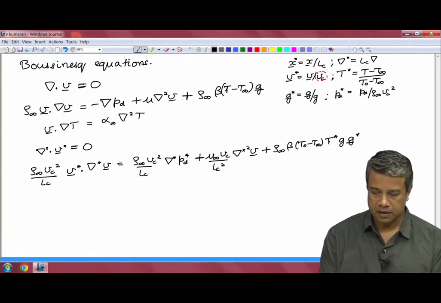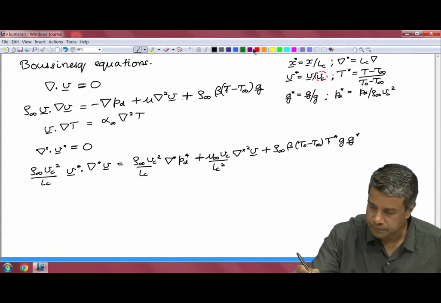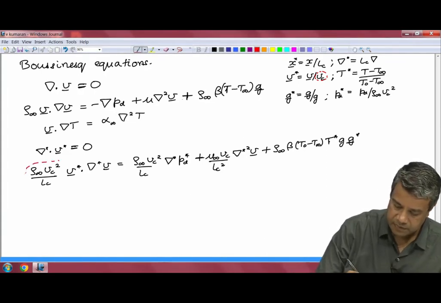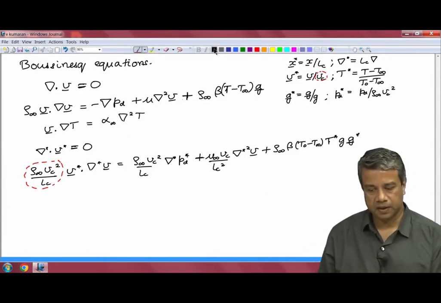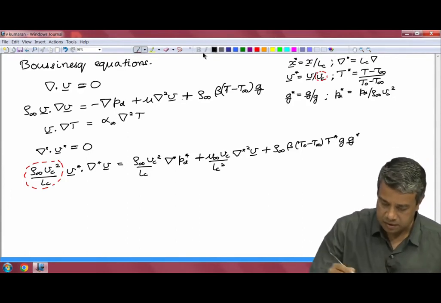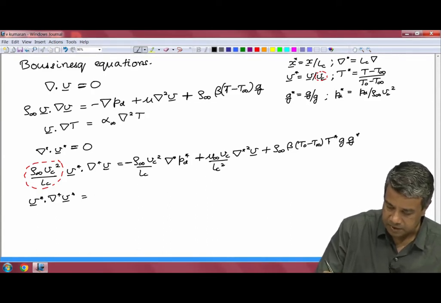So, therefore, I divide the momentum conservation equation throughout by this term, and I will get V dot grad V is equal to, there should be a minus sign here.